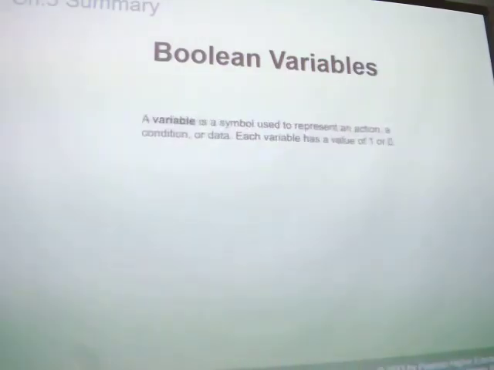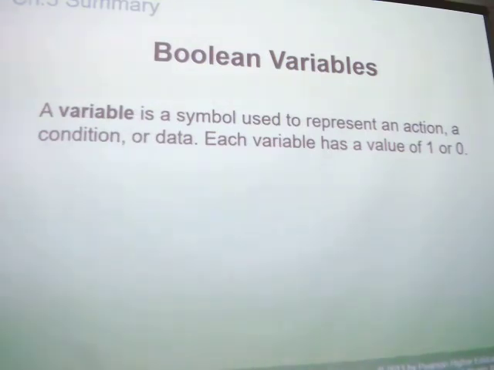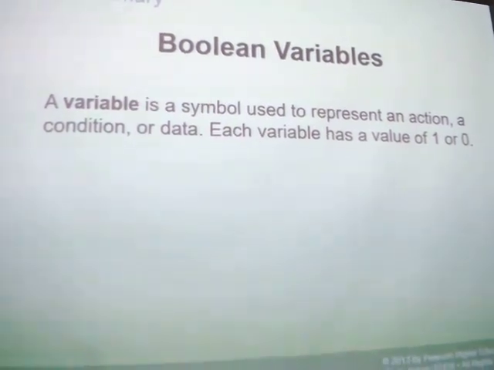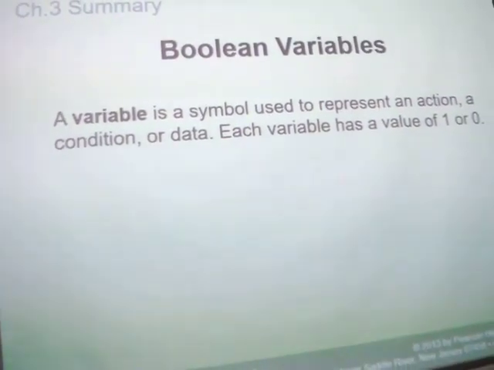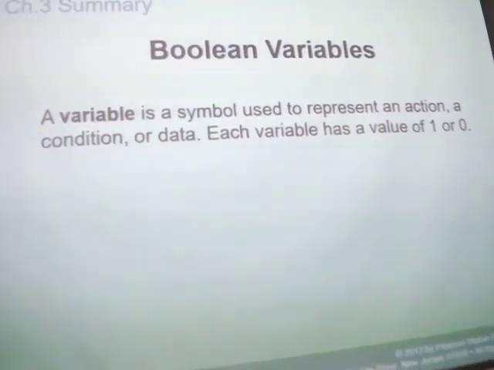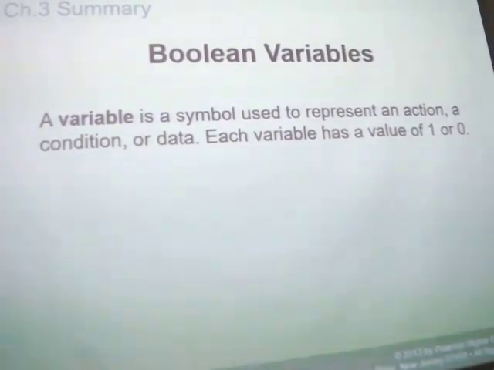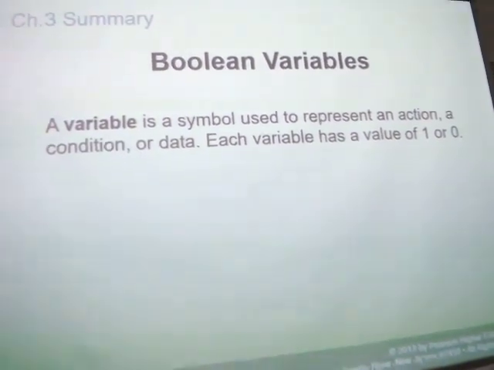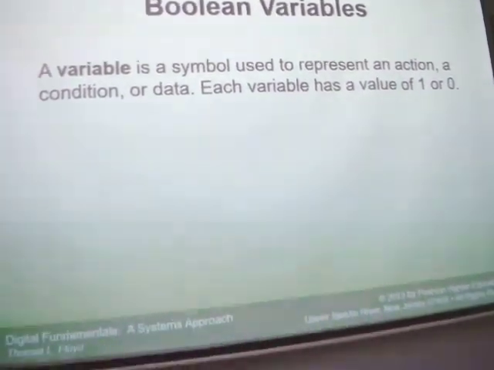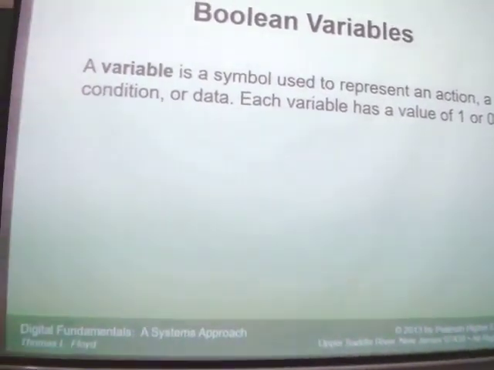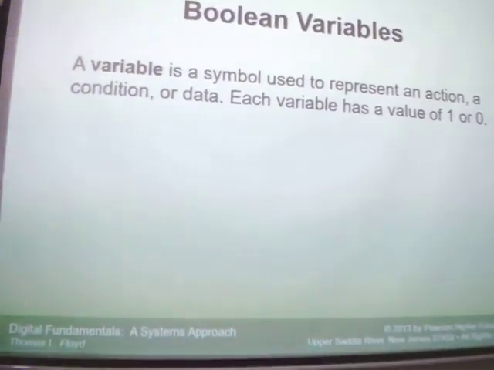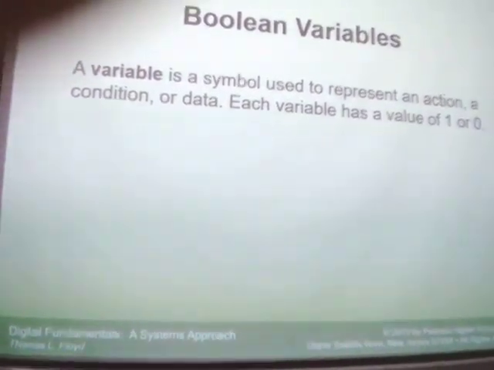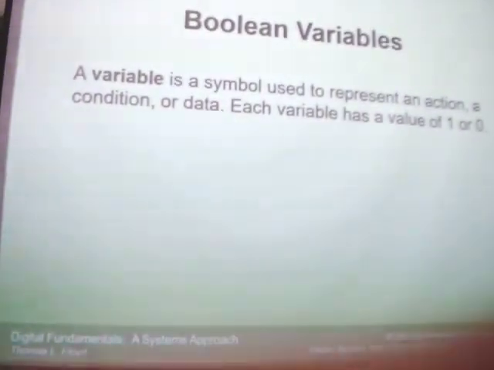There are important variables. Boolean variables are very different from arithmetic variables. A Boolean variable is a symbol used to represent an action, a condition, or data.